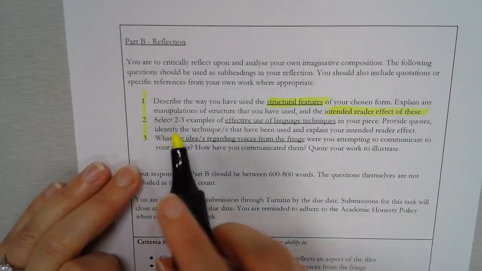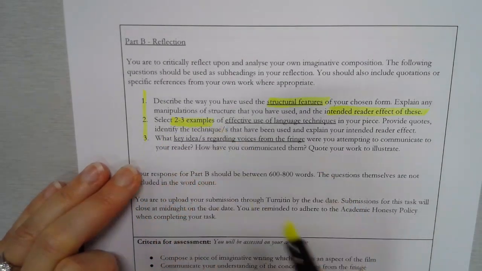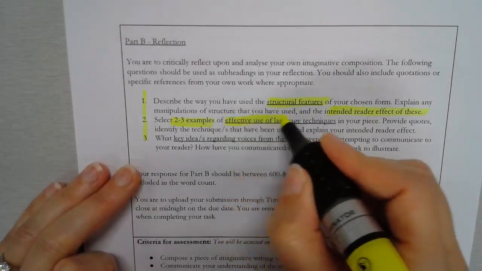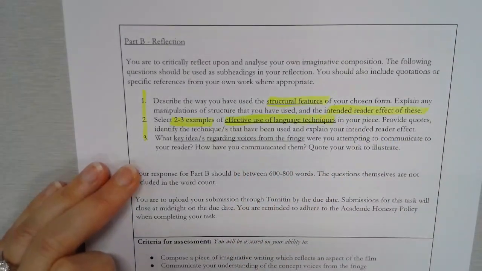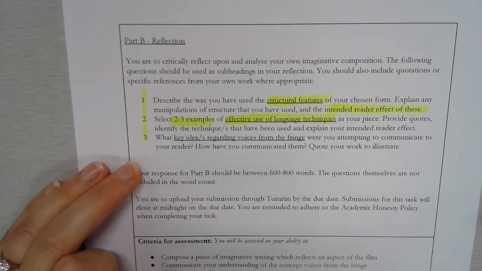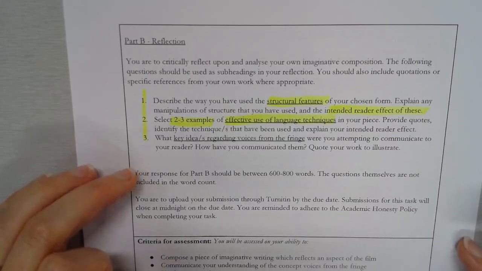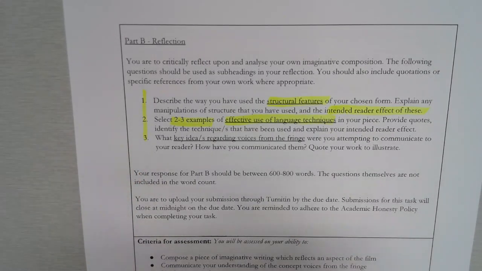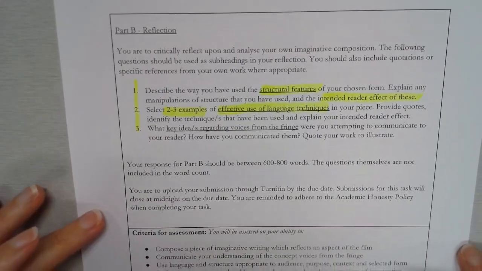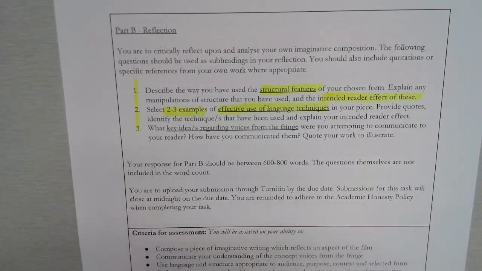Question 2, you are to select 2 to 3 examples of effective use of language techniques in your piece. Provide quotes to identify the technique or techniques that you have used and explain your intended effect on the reader. So once you've finished your piece of imaginative writing, I would go back and look at where have you really used some strong language techniques.